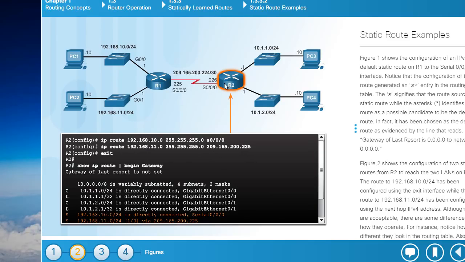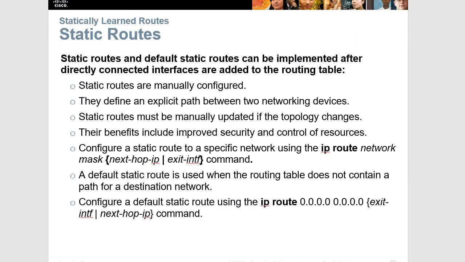You're in R2 here, you're trying to get to the 11 network through the 225, that's your next hop, so you type in that number there. Again, I think it's going to be easier for me if I just have to type S0/0/0 instead of writing out a whole IP address, but it's up to you how you want to do things.